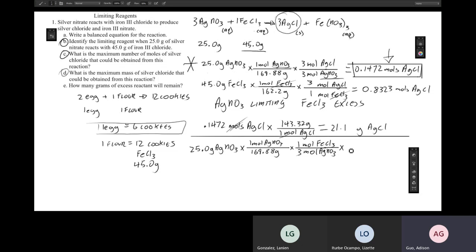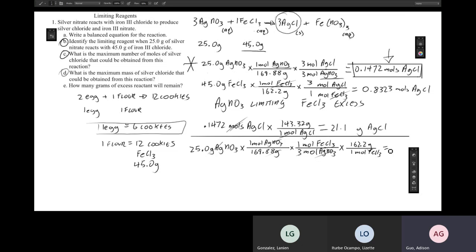And then what I'm going to do is turn these moles of iron chloride into grams using the molar mass again. So this time I'm going to need the mass of iron chloride. I have it up above, 162.2 grams. So once we calculate this, 0.88 divided by 3 times 162.2.